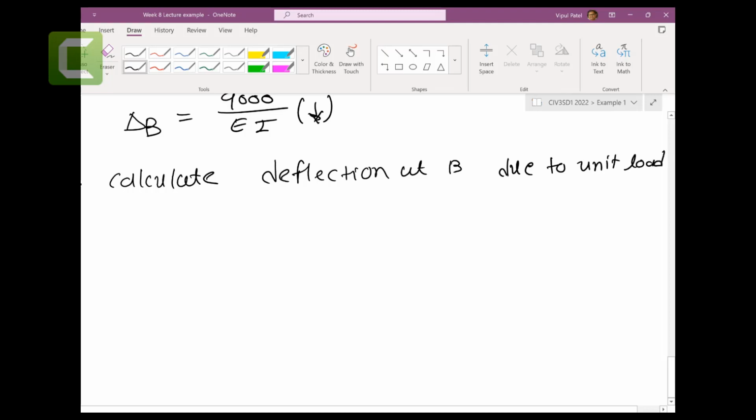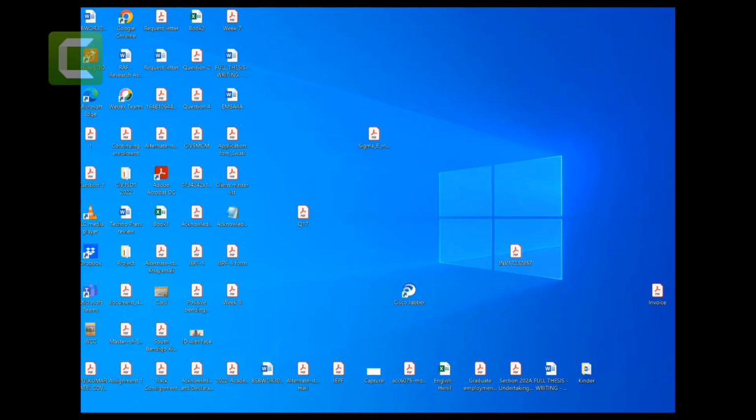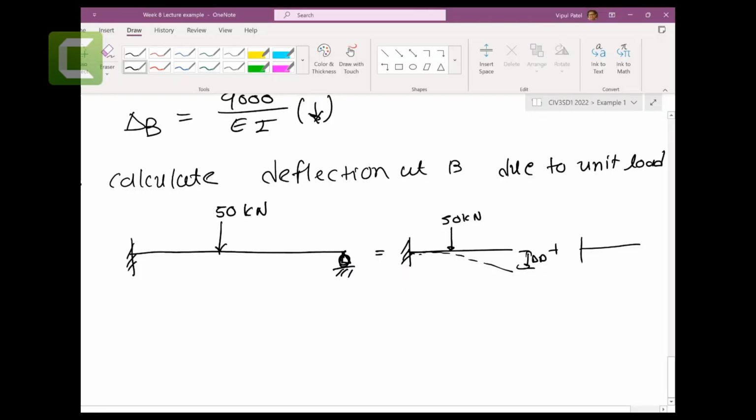Right, so now you remember that we have this one, 50 kilonewtons, and we have a roller support here. We remove that roller, and with the 50 kilonewtons we have this delta B. Now we want to put it back.